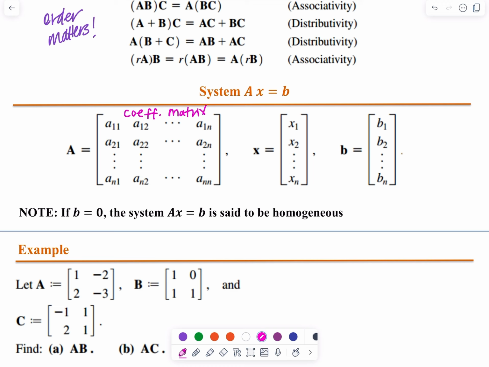And then X is the vector of unknowns. And then B is the vector of constants.